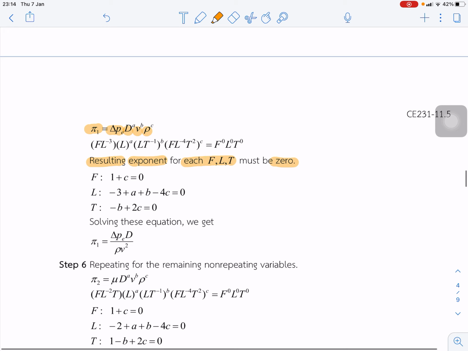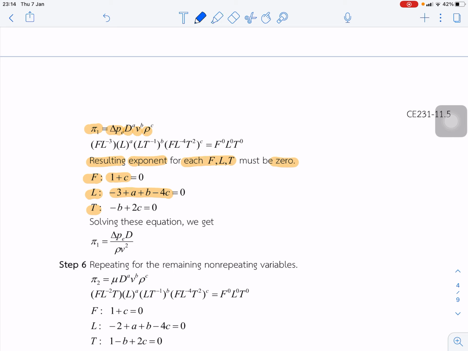So for F, the power is 1 plus c equal to 0, and the power of L is minus 3 plus a plus b minus 4 equals 0, and for T, minus b plus 2c.